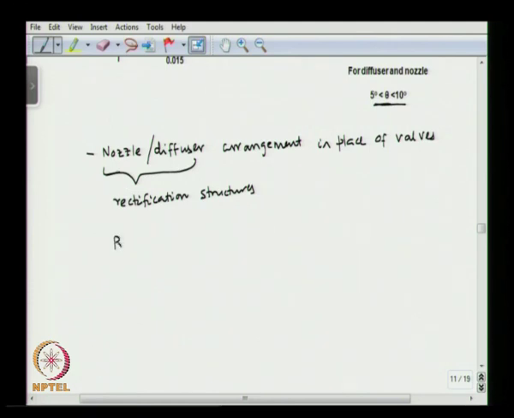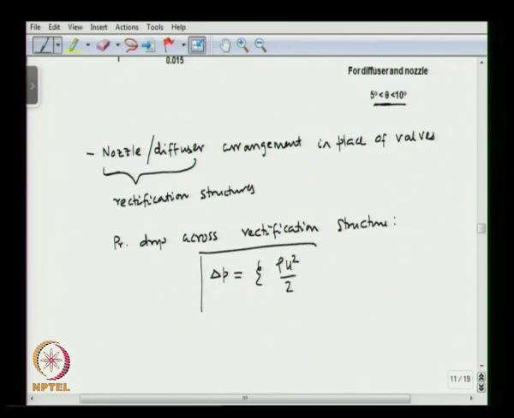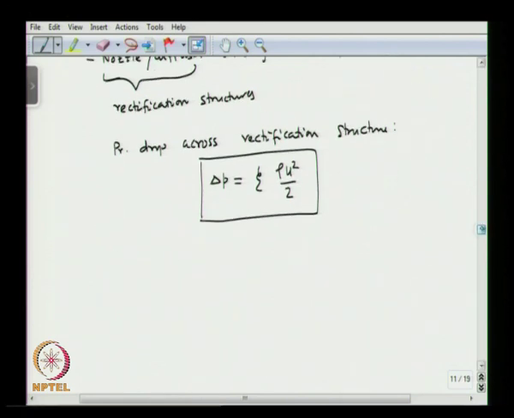So the pressure drop across the rectification structure, delta P, is given by xi into rho U squared over 2. U is the flow velocity, rho is the density, and xi is the pressure loss coefficient. And this pressure loss coefficient is going to be different for the nozzle and the diffuser.